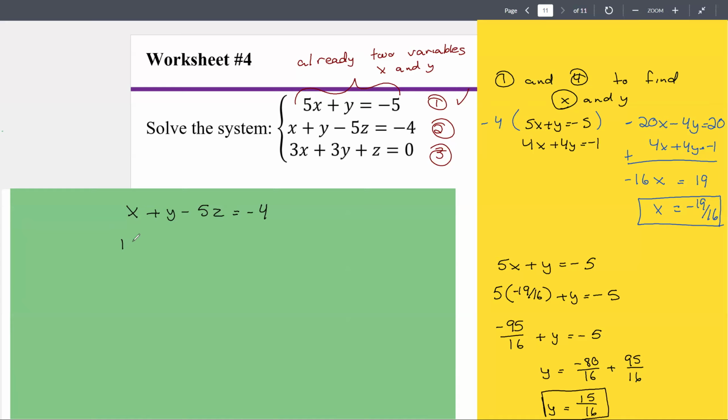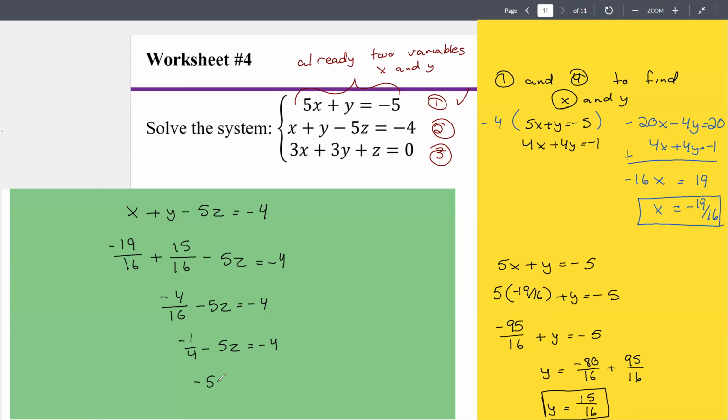So we have x is -19 over 16, y is 15 over 16, minus 5z equals -4. So this is going to be -4 over 16 minus 5z equals -4, or -1/4 minus 5z equals -4.